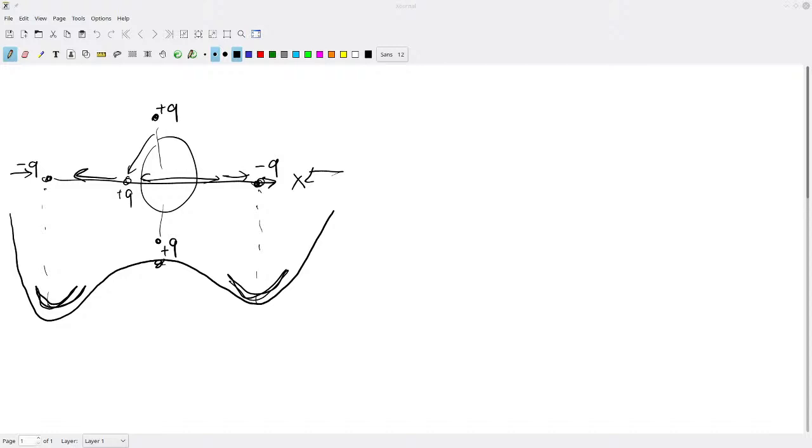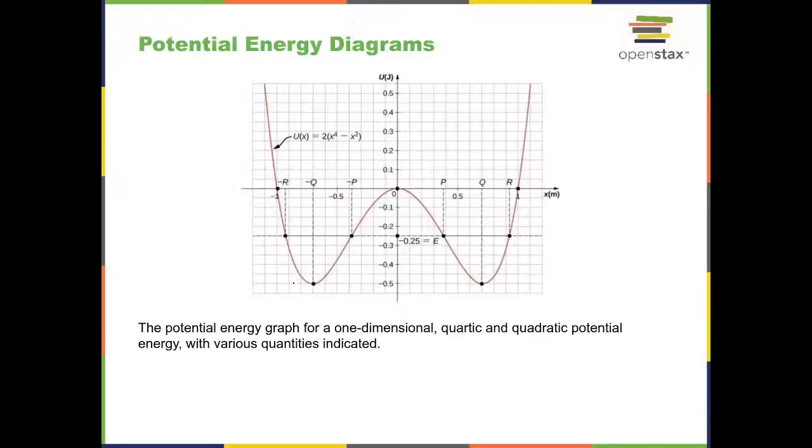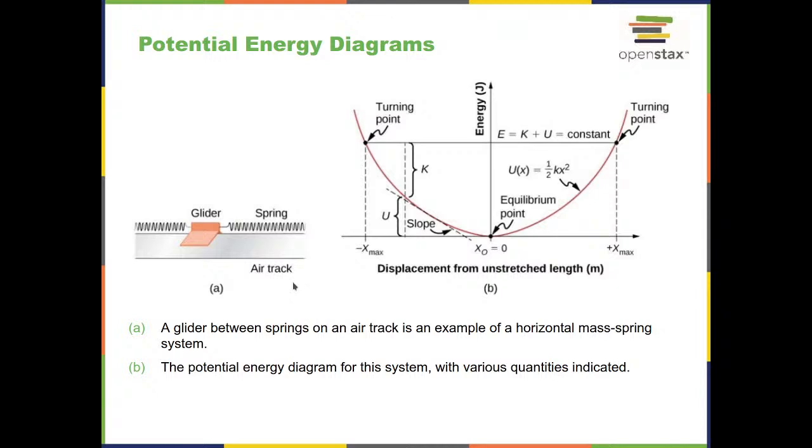But these are the kind of potential energies that are very common in physical systems. Ultimately, what we will also see is that if you only look at a narrow enough region around an equilibrium, which is something that we are very commonly allowed to do, everything will always look like this.